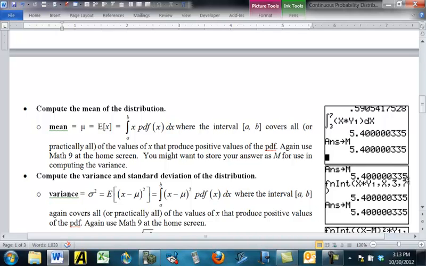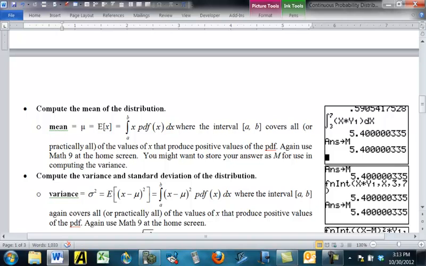Summing it up in the continuous case is what this funny looking S is doing, just like the funny looking sigma was our S for summing in the discrete case. So we're just summing up our x's times our probabilities, same as we did in the discrete case, but this is the continuous version of that.